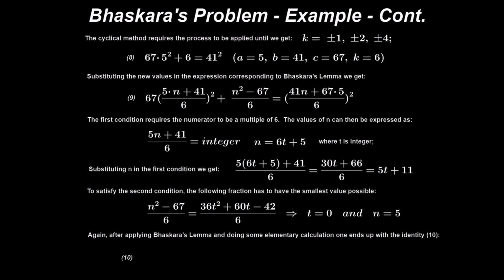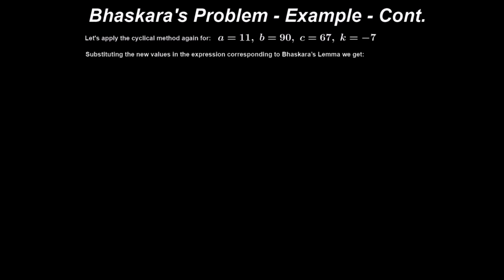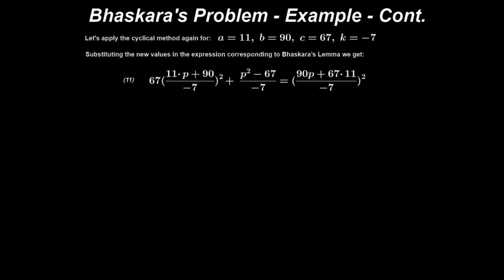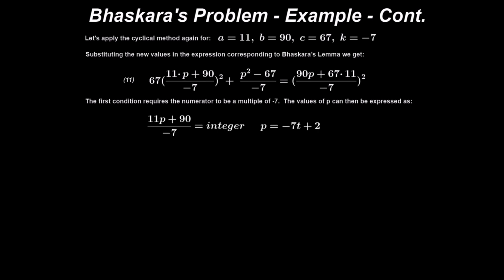Substituting n equals 5, we get a new expression for the derived equation: 67 multiplied by 11 square minus 7 equals 90 square. The parameters corresponding to this derived equation are a equals 11, b equals 90, c equals 67, and k equals -7.